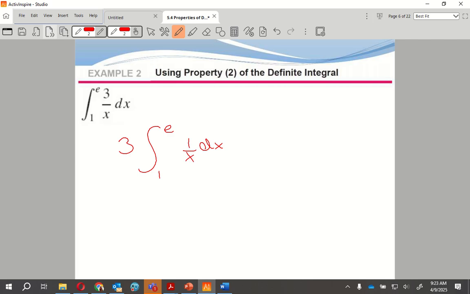And the integration of 1 over x is ln x. So 3 times the ln of x, right? And that is from 1 to e. Then evaluate it.